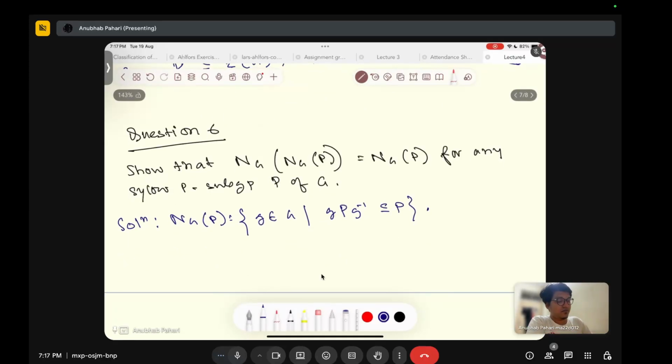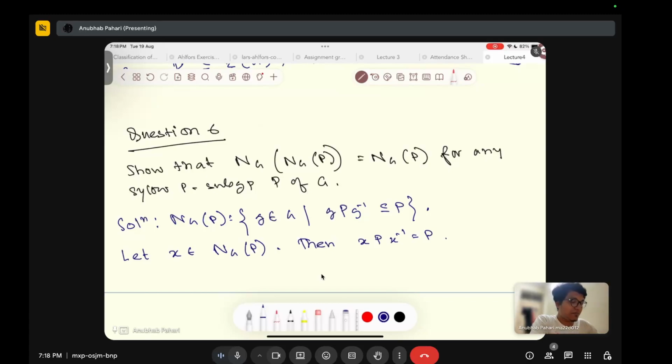Now let's try to solve this together. Let small x belong to N_G(P). Then we have that x P x inverse equals P, right?